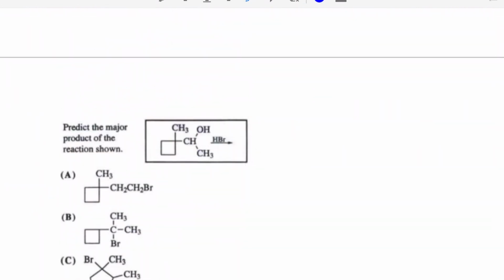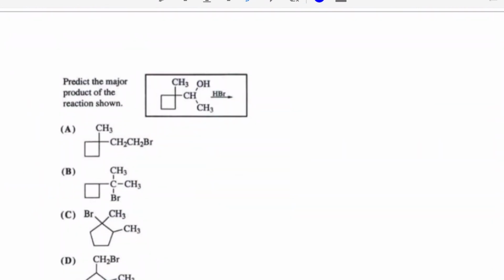And now we've reached our last question of this multiple choice section. So we are given this interesting compound, a cyclobutane ring with a few substituents, and we're asked to find the final product. And we're given hydrobromic acid as a reagent.